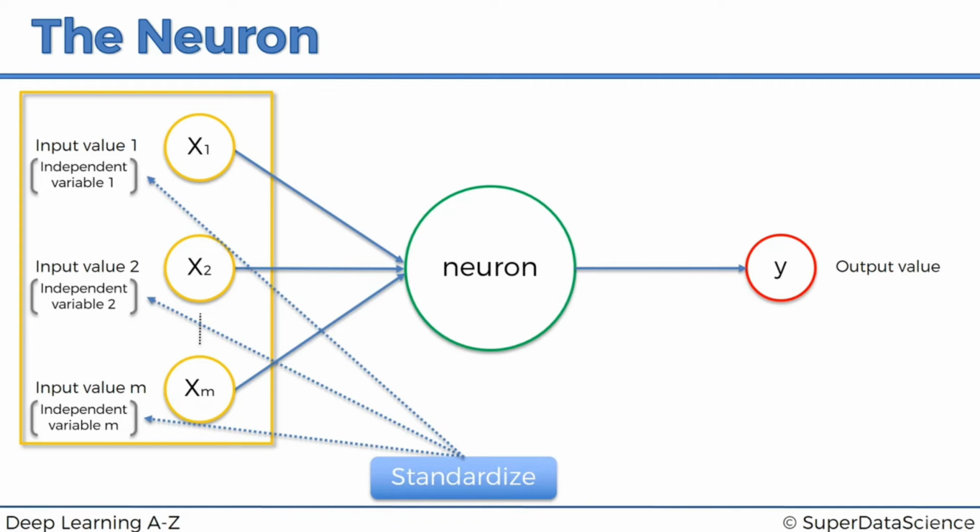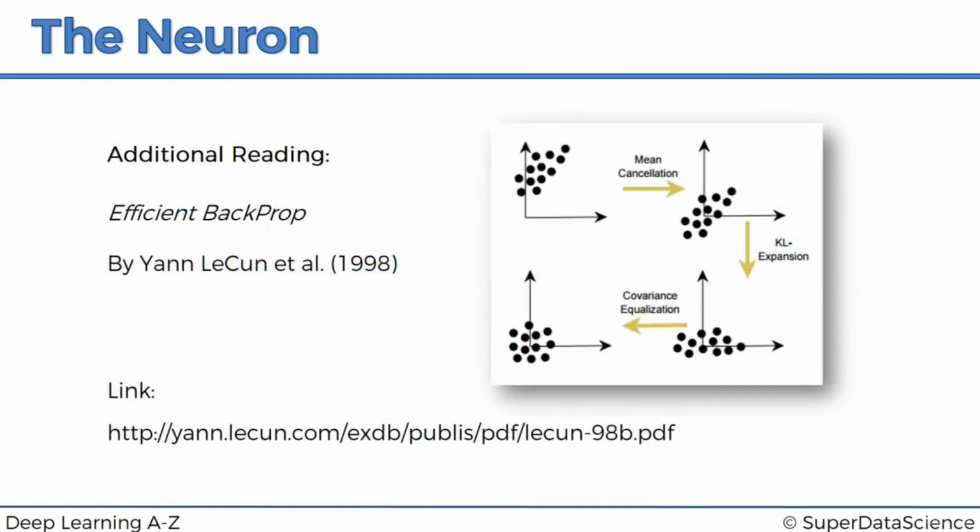If you want to read more about standardization, normalization, and other things that you can do with your input variables, a good additional reading paper is called Efficient Backprop by Yann LeCun, 1998. The link's over there. We're actually going to talk more about this phenomenal person in the space of deep learning in the part of the course on convolutional neural networks, and you'll see that he definitely knows what he's talking about.